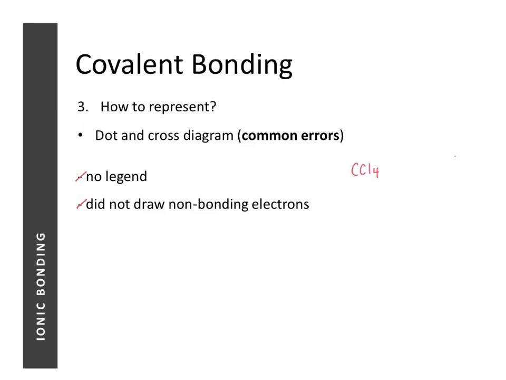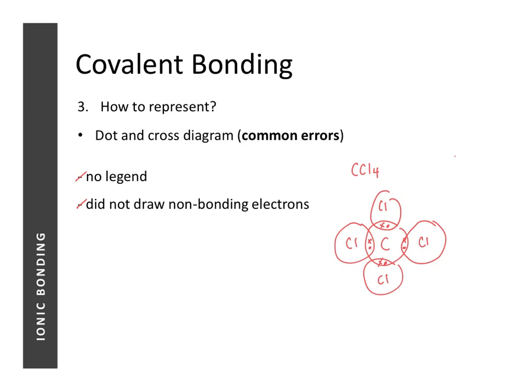Most of the time when this molecule comes out as a dot and cross diagram, students tend to draw something like this. They will remember that carbon needs to share 1 with each chlorine atom. This is the most commonly drawn dot and cross diagram, which is wrong.